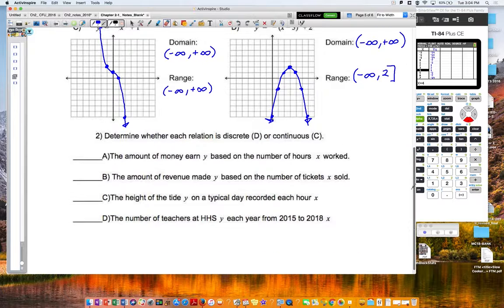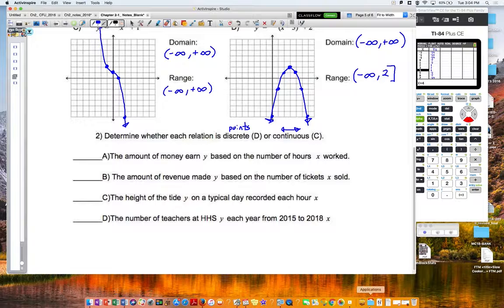The next part is just some review of discrete versus continuous. Discrete, think of as points. Continuous, think that you can graph it using some sort of line or curve.